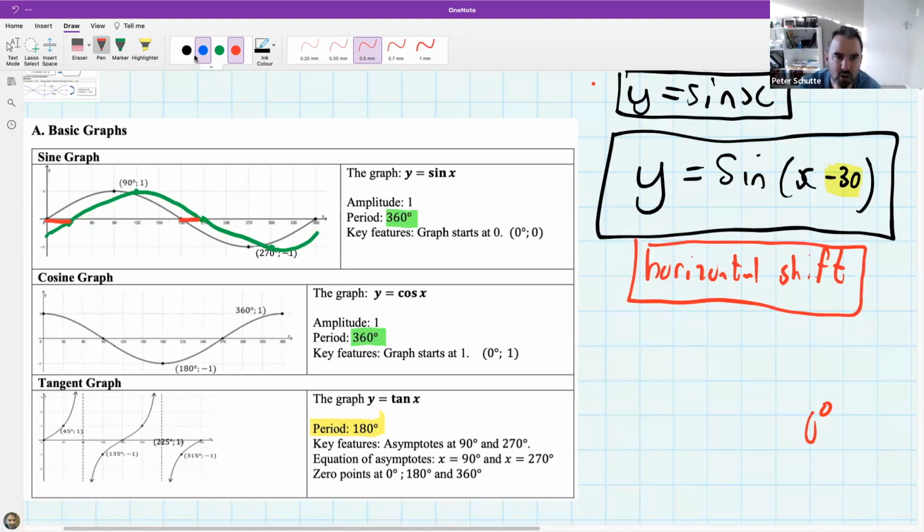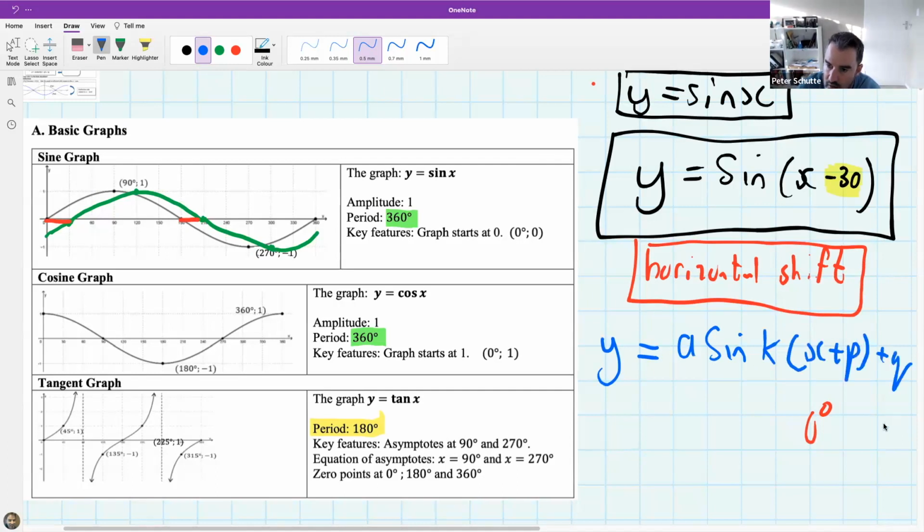And so when we talk about the different types of transformations, they're often represented like this. Let's say K. So if you think about the A would be the amplitude change. This K would be the period change.